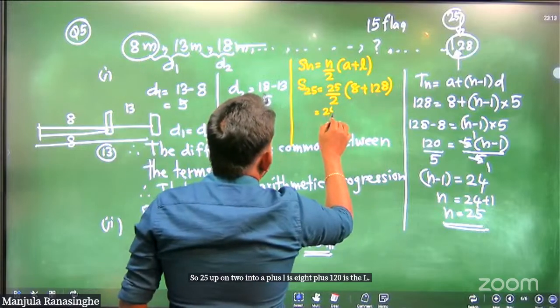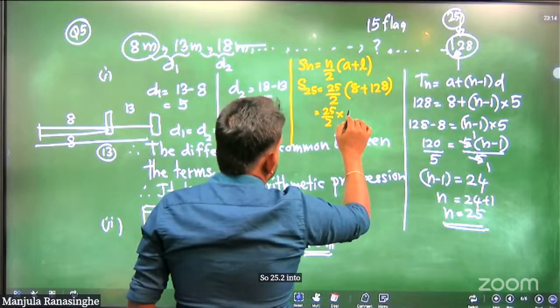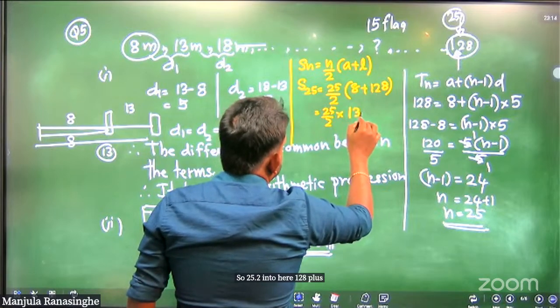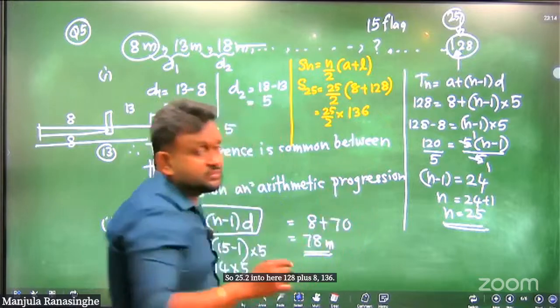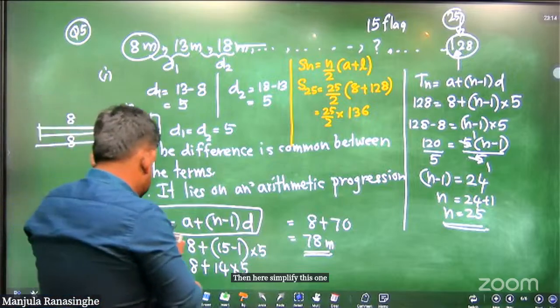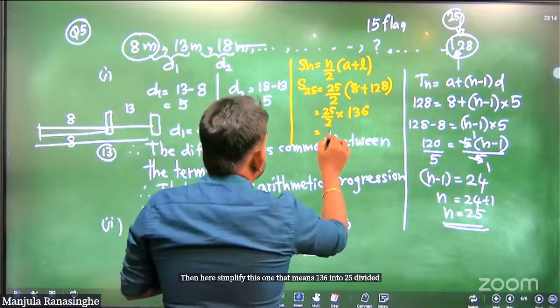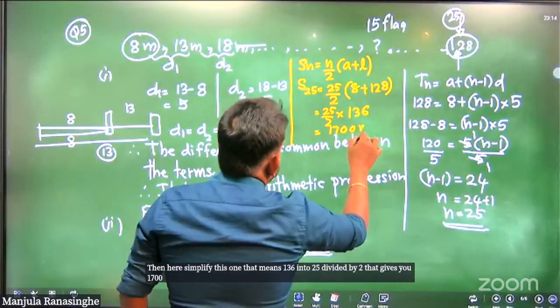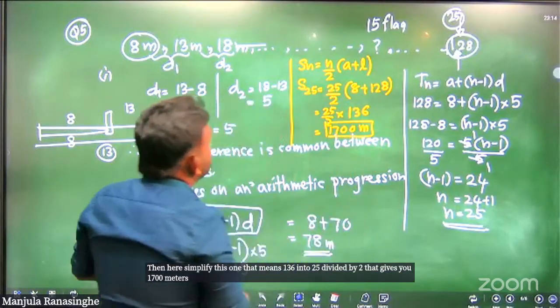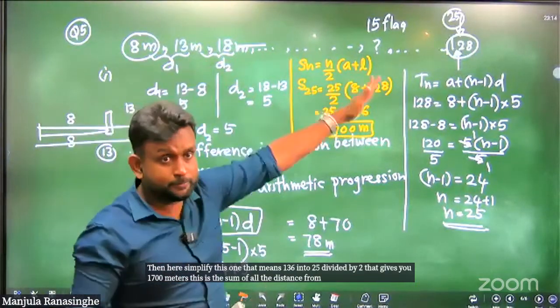So 25 upon 2 into 136. Simplify this: 136 into 25 divided by 2 gives you 1700 meters. This is the sum of all the distances from beginning to end.